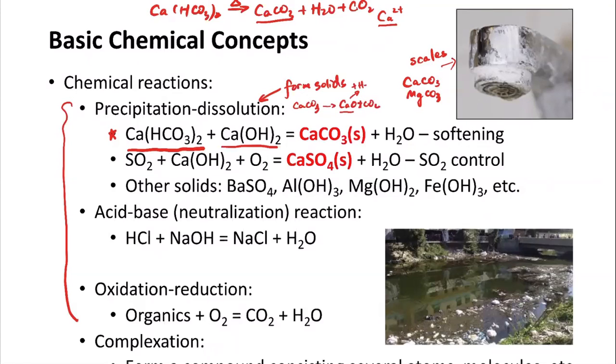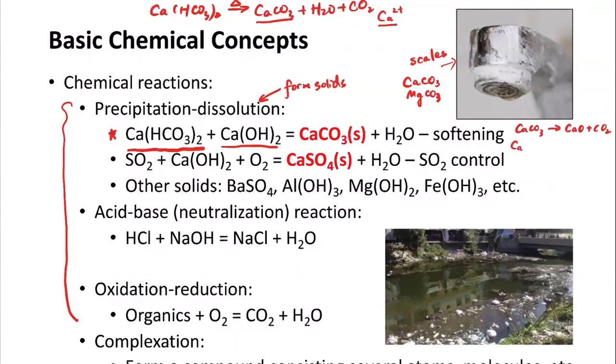So basically with water, let me rearrange this place a little bit. Okay, so what happens is that by baking the calcium carbonate, you can get calcium oxide and carbon dioxide.